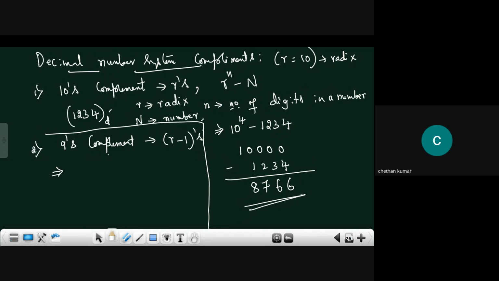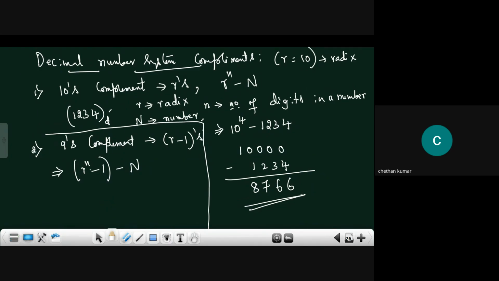How to do nines complement? r to the power of n minus 1 means what complement? Nines complement. Correct. What is nines complement? R minus 1 complement. To represent the nines complement, r to the power of n minus 1, minus capital N.